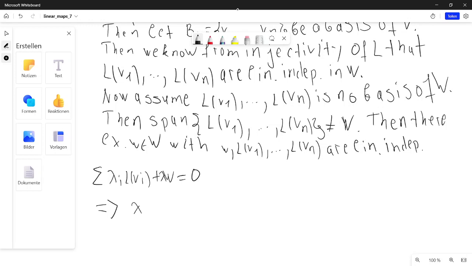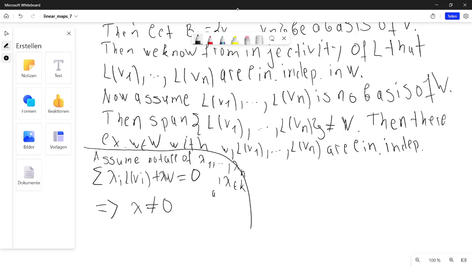lambda is certainly not equal to 0. I will assume we are assuming linear dependence, and assume not all of lambda 1, ..., lambda n, lambda are equal to 0.